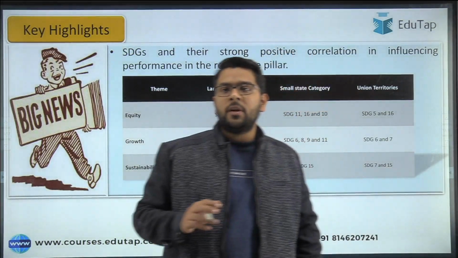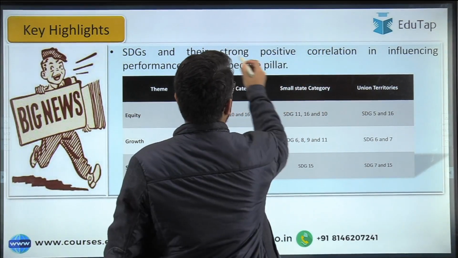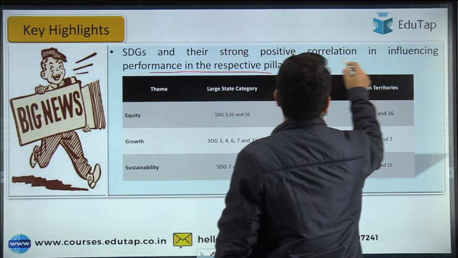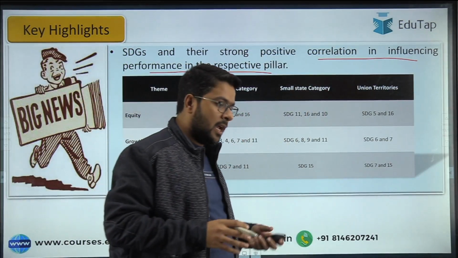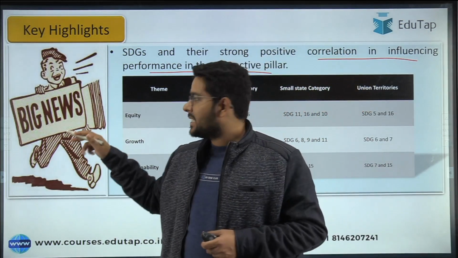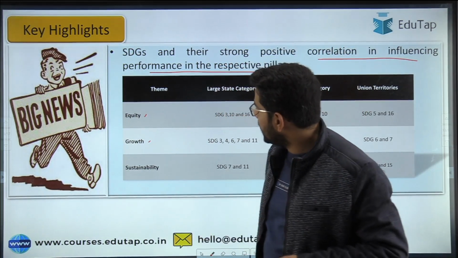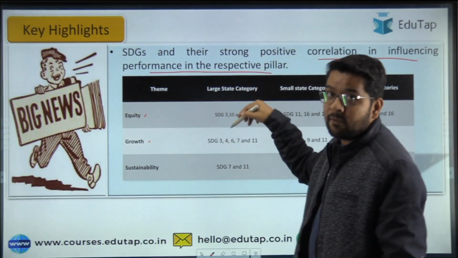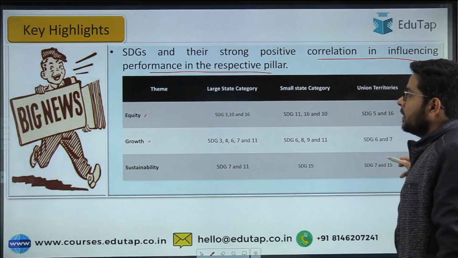Yeah guys, there is one more point that we have missed, which is about the sustainable development goals and how there is a strong positive correlation in influencing the performance in the respective pillars. We have already discussed that there are indicators which are measuring the states and how these indicators map with the sustainable development goals. So these respective themes or pillars, equity, growth and sustainability, have their influence on sustainable development goals in the respective category, and these are the figures which you need to refer to.